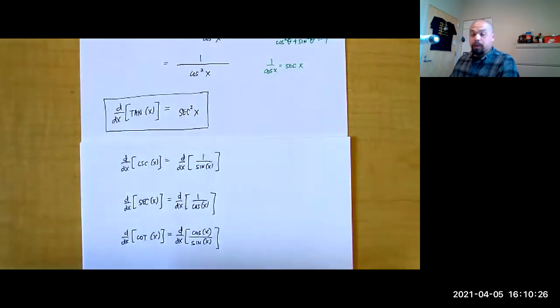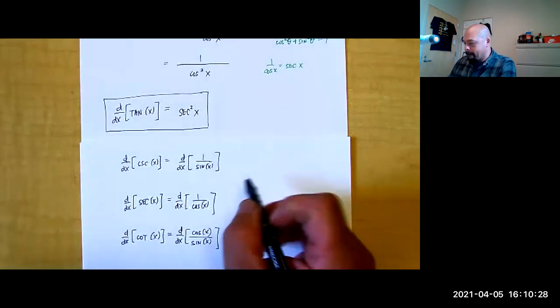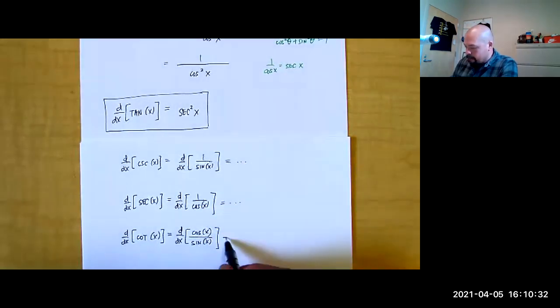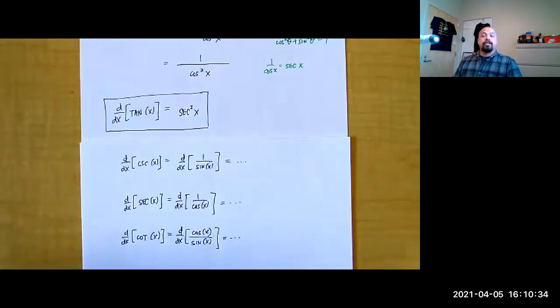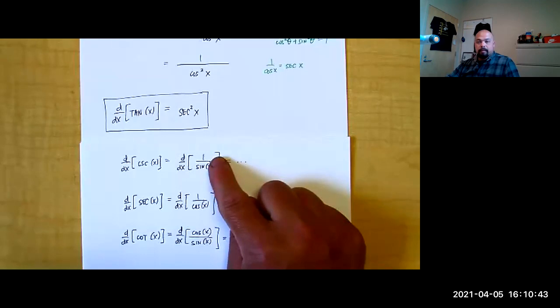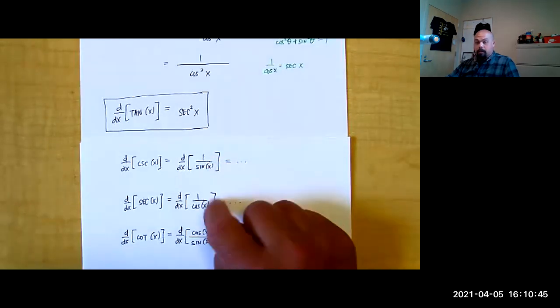So with each of these, you can go through the quotient rules to produce the differentiation rules for these last three trig functions. The numerator function, a constant 1 for these two.